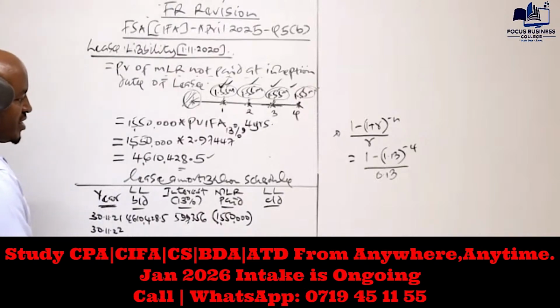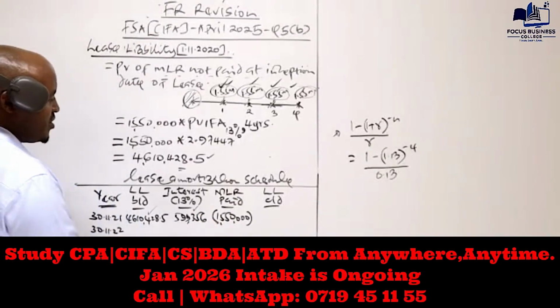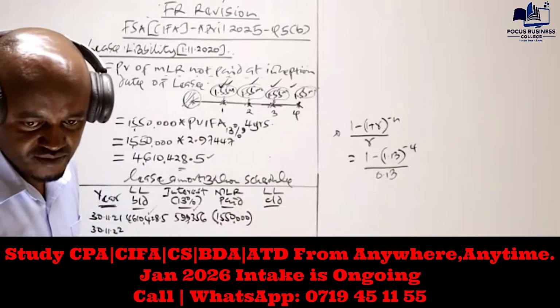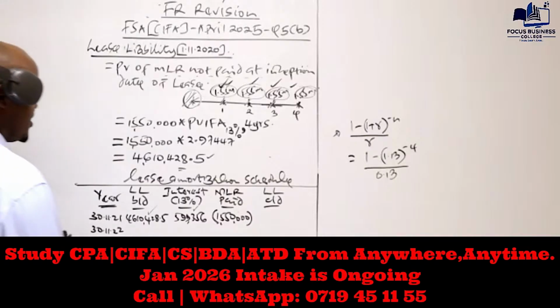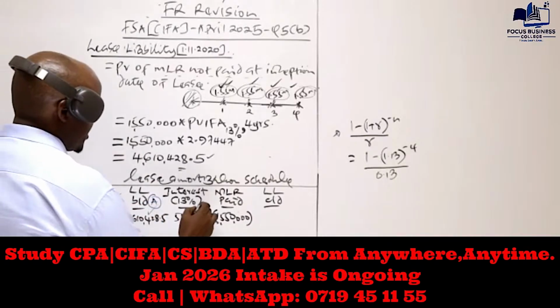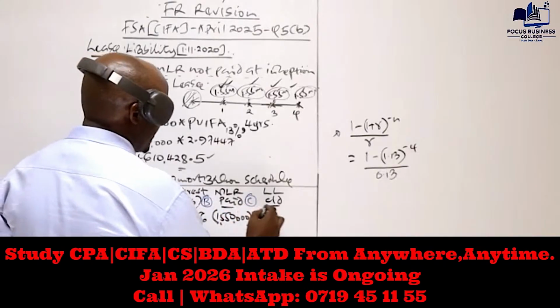So to compute the lease liability at the end of year one, we take the lease liability at the start, we add the interest, and we subtract the minimum lease rentals paid.